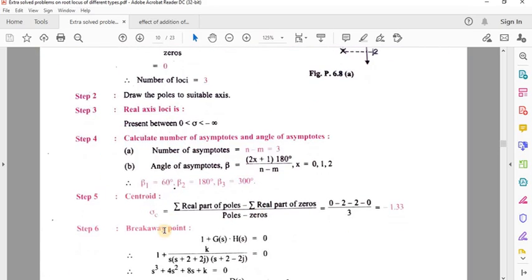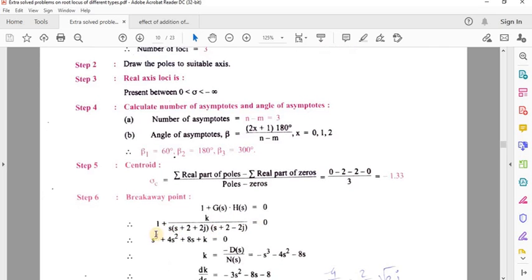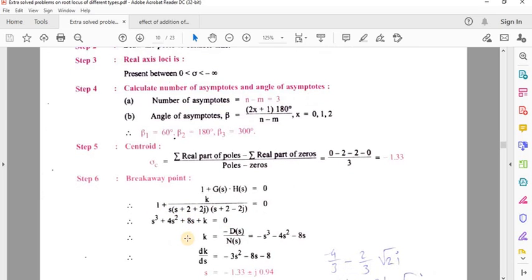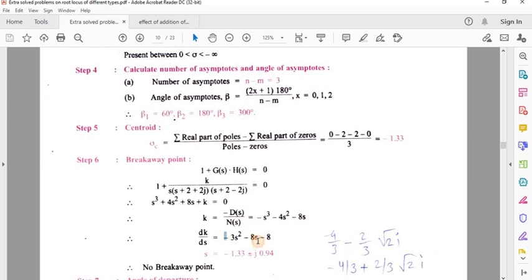So now breakaway point. As they have given, okay, then cross multiply, you will get this kind of equation after cross multiplying. Then you have to see the derivative. The derivative is given as this, a simple second order quadratic equation. You can solve this and you can get the s breakaway point.